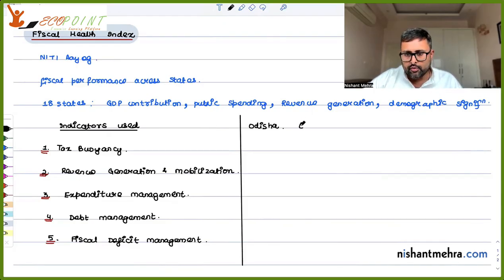It has a score of 67.8, and it has excelled in controlling debt. It has excelled in having low fiscal deficit and high capital expenditure. अच्छी बात है. It is investing in infrastructure, इसलिए high capital expenditure है. उसका fiscal deficit भी कम है और debt भी कम लिया हुआ है, right? So it is doing this.